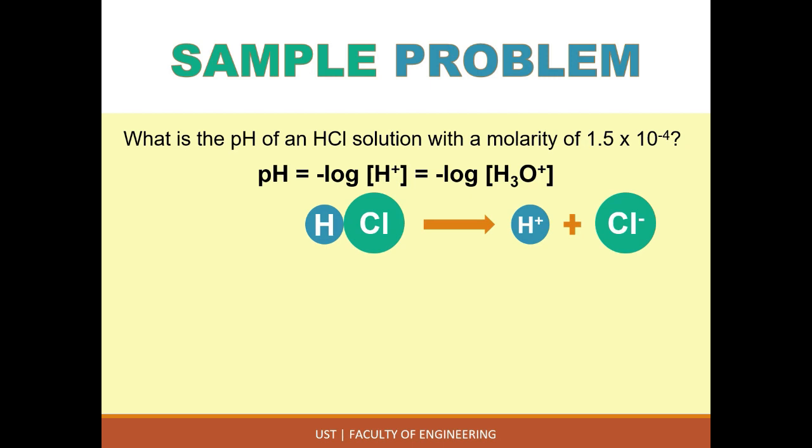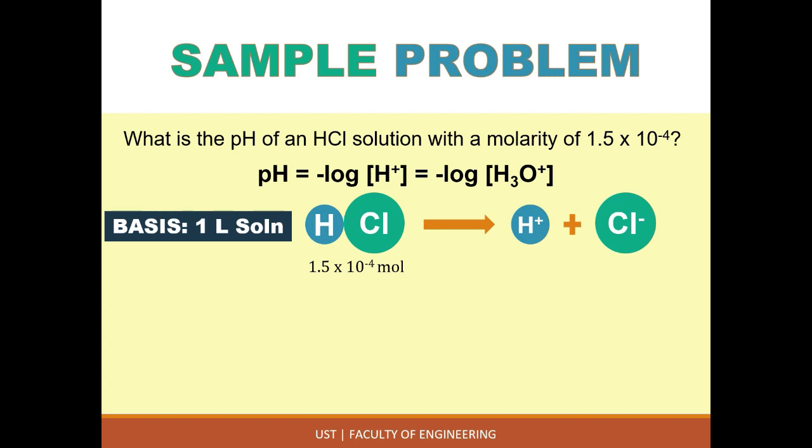We can use the equation to determine the amount of H plus stoichiometrically. With that, we would need to have either the mass or moles of HCl. We can do that by having a basis of 1 liter of solution. Consequently, by multiplying 1 liter of solution with a given molarity, we would get 1.5 times 10 raised to negative 4 moles of HCl.